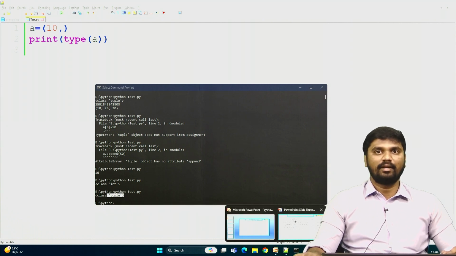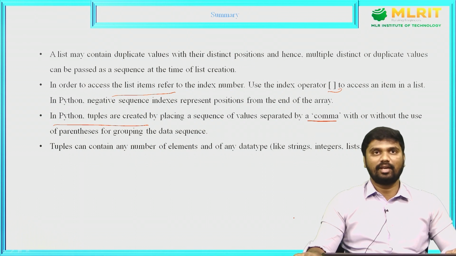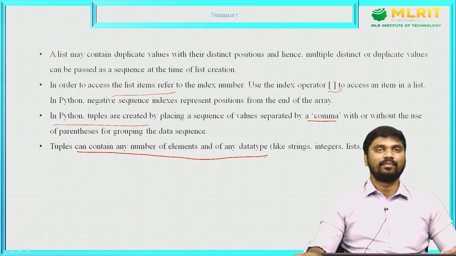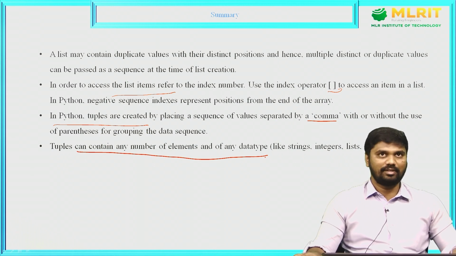So we have to be careful whenever we represent only one value with the tuple object. Next, a tuple can contain any number of elements and any data type, like a list. But the difference between tuple and list is that list is mutable and tuple is immutable, so we cannot change the values of the object.